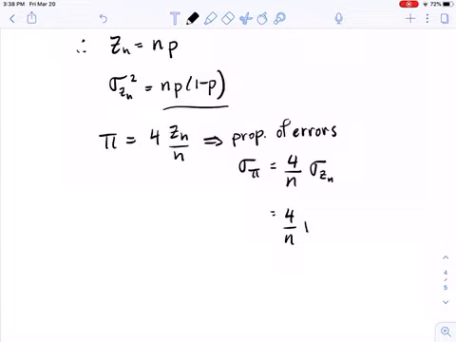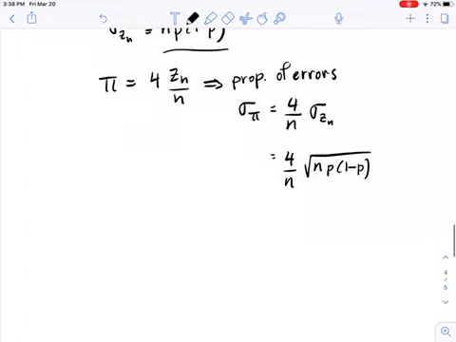So we have root np(1 minus p), which is equal to 4 root p(1 minus p), and then we have square root of n divided by n, 1 over root n.